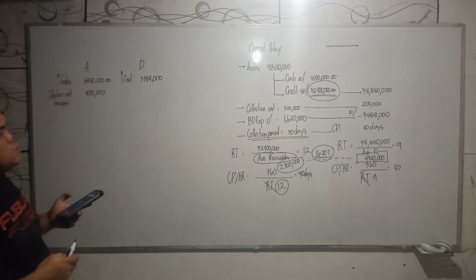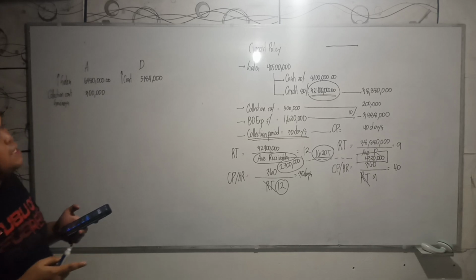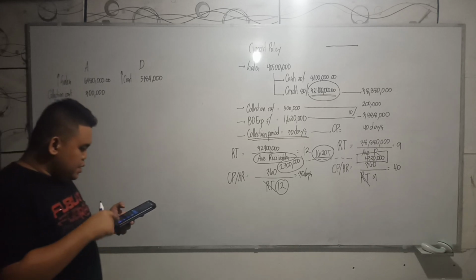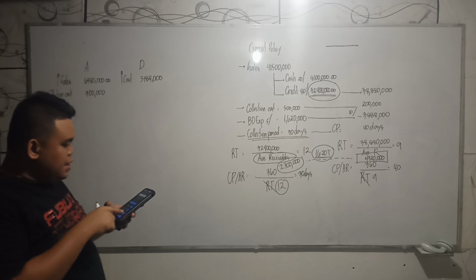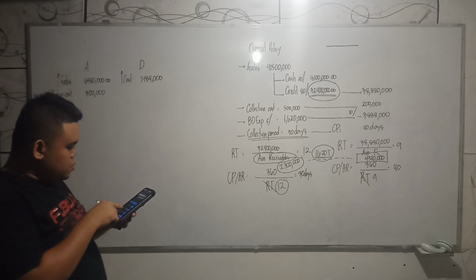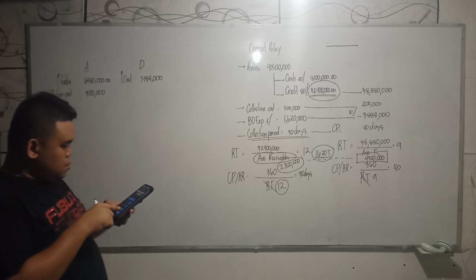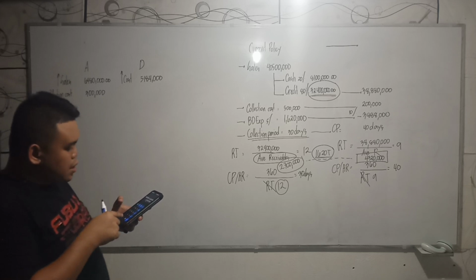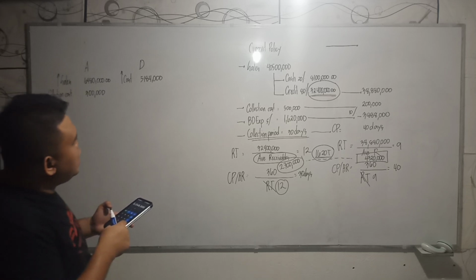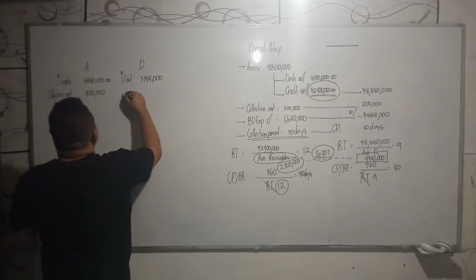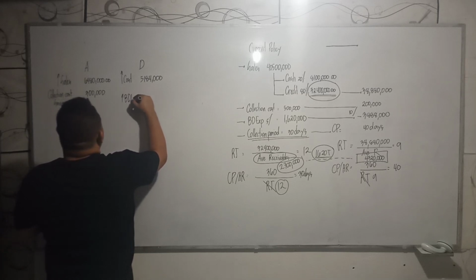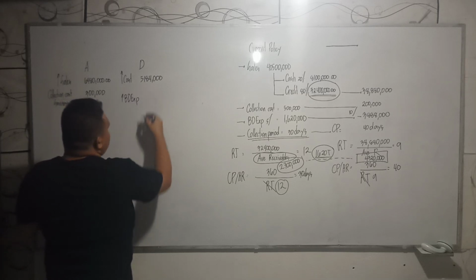So that's an advantage. Next, we have bad debts expense. On the bad debts expense, you have 3,888,000 instead of 1,620,000 if we are going to follow the proposal. So there is an increase on bad debts expense, which is a disadvantage. Increase in bad debts expense of how much?